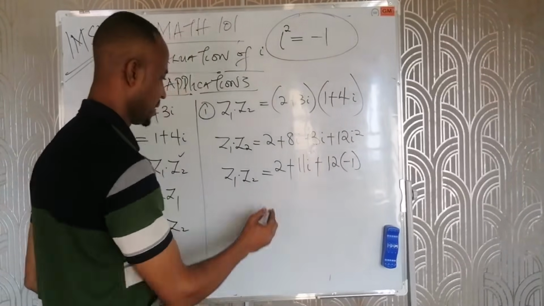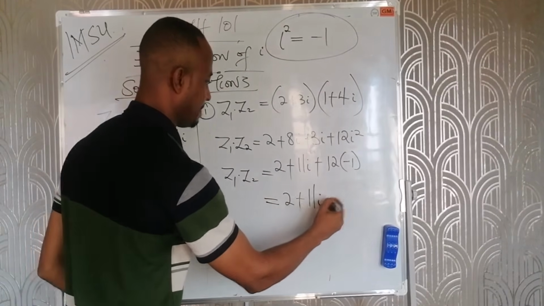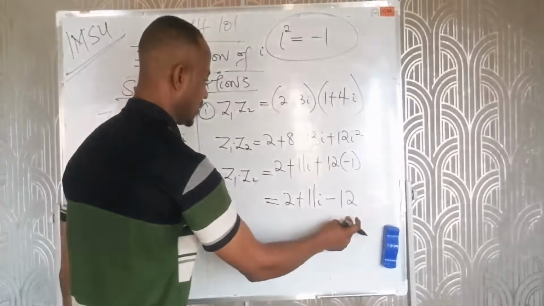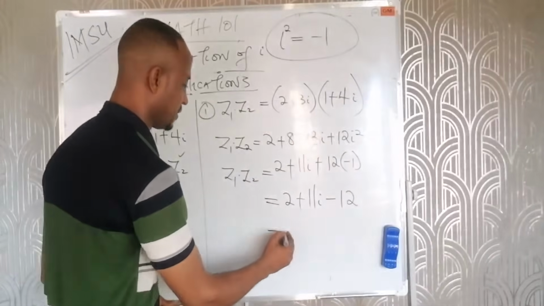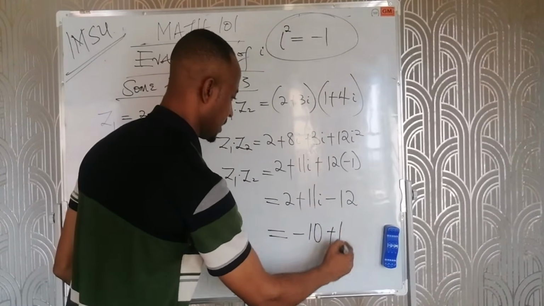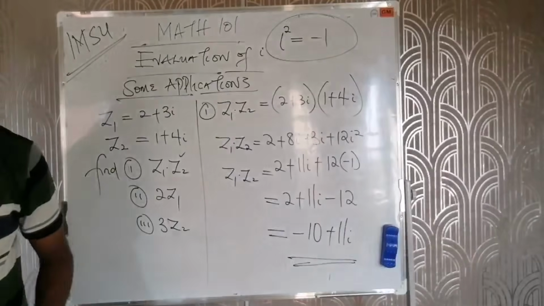That will give us 2 plus 11i minus 12. Then I can further evaluate this, right? 2 minus 12 will give us minus 10, plus 11i. Final answer to this.